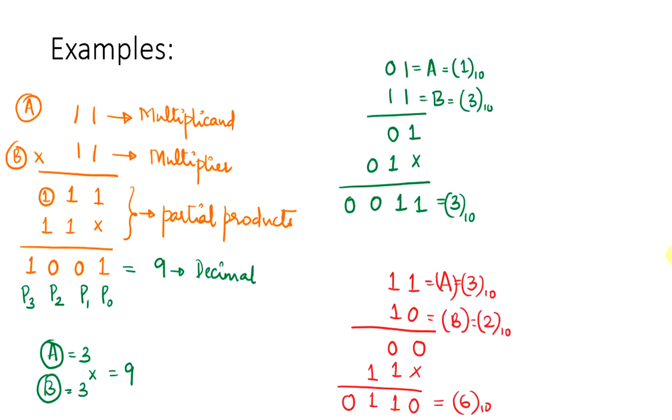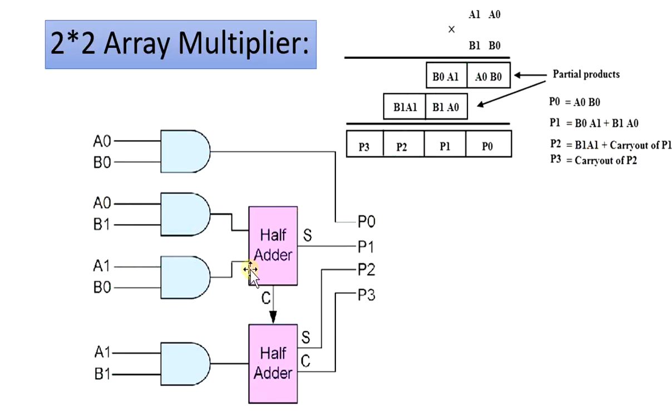Finally, the last case is the multiplication of all zeros, where I get the result to be all zeros. One important thing to observe here is that for the multiplication of 2-bit binary numbers, we will be using only half adders.